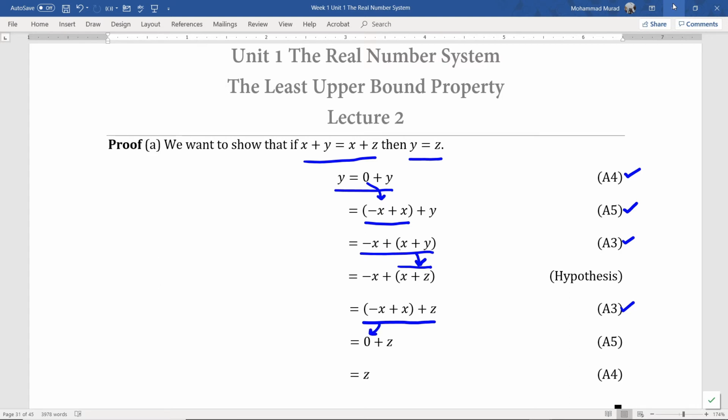We get the next step, and then we can apply the definition of the additive identity element 0, A4. 0 plus z is z. So we proved that y must be equal to z. This is the end of the proof of A.